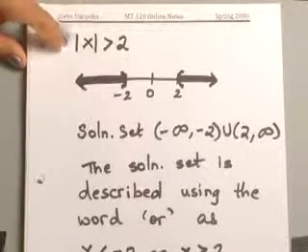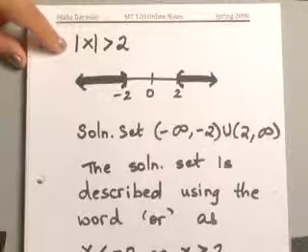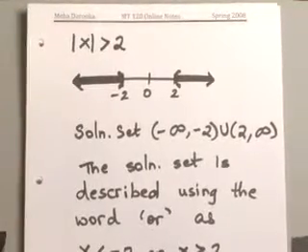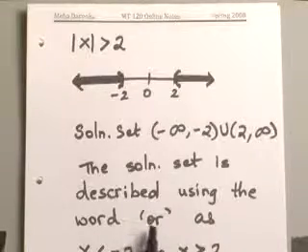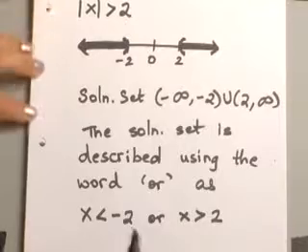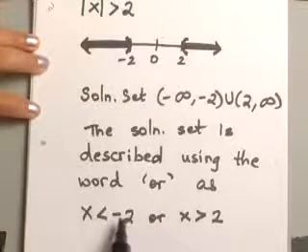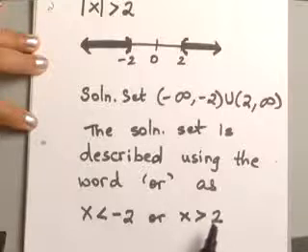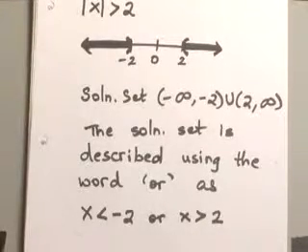Anytime you have an absolute value inequality of the form greater than, your solution set will be described using the word or. So you can describe it as x will be either less than negative 2 or x is going to be greater than 2.